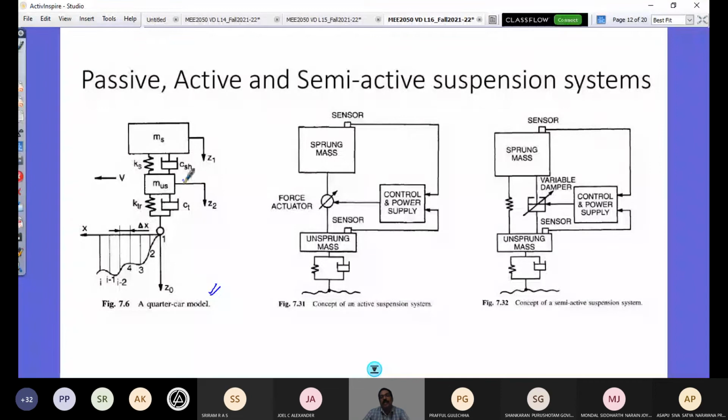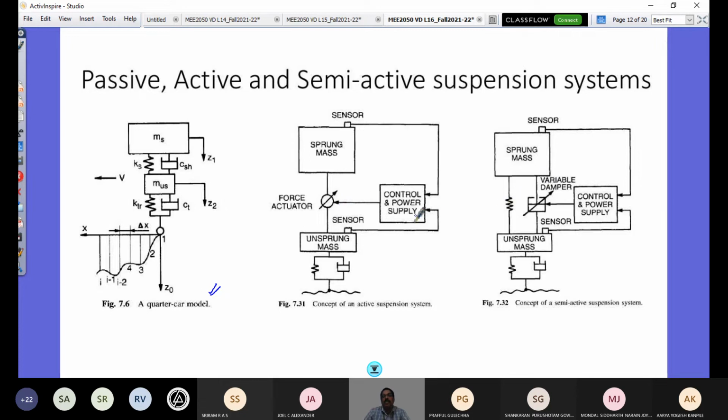Then I can replace this suspension with a force actuator with the electronic control system and power supply required, with sensors measuring the motion and vibration. I can have appropriate control strategies to get whatever I need according to the excitation that comes. That is an active suspension system. It's popular, though not as popular as the semi-active suspension system.